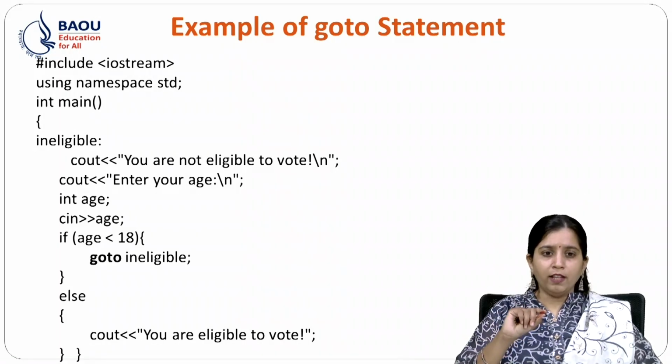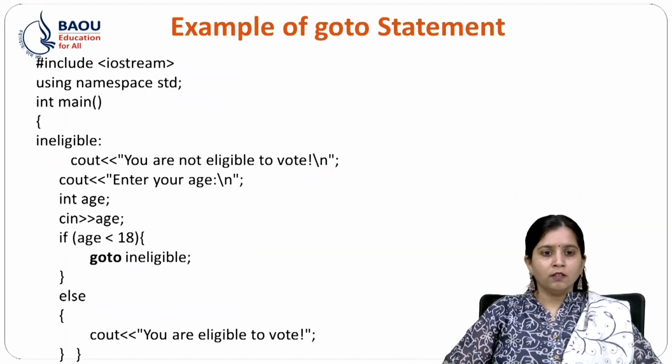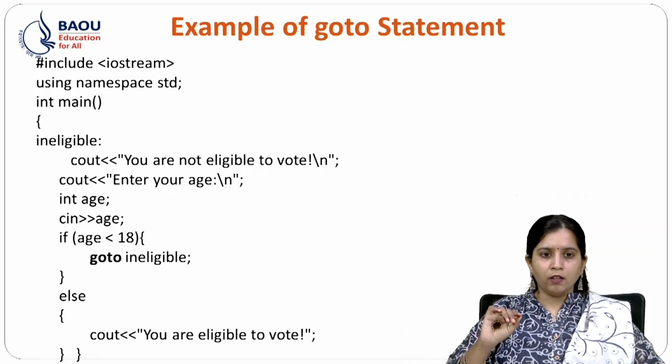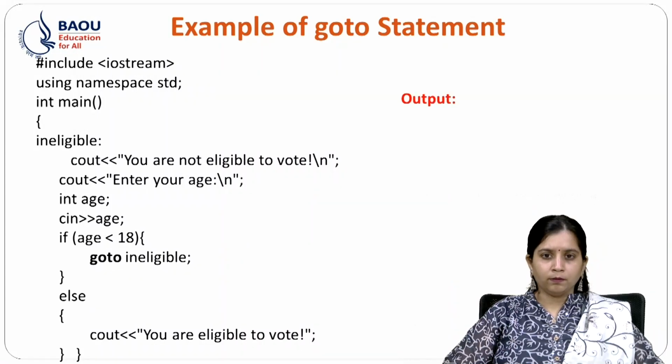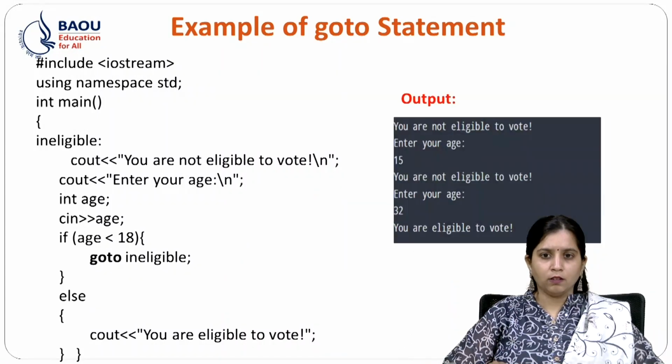When the user enters their age, if the age is less than 18, then the if condition is followed and goto ineligible will be used. Let's see the output of this first.